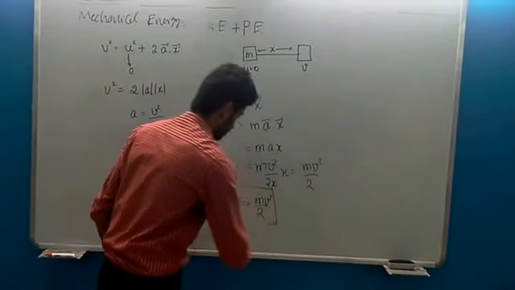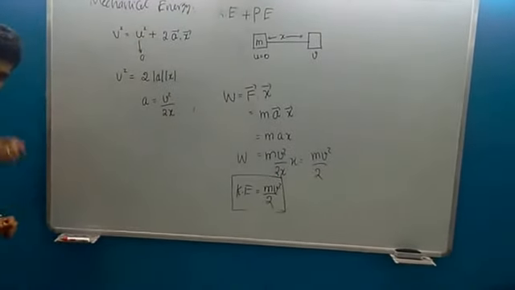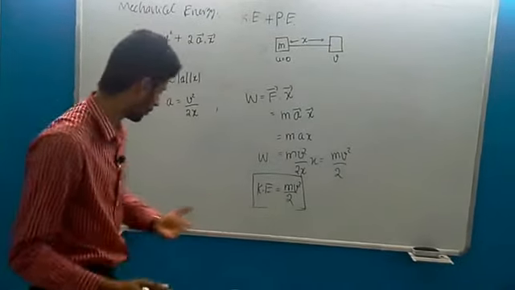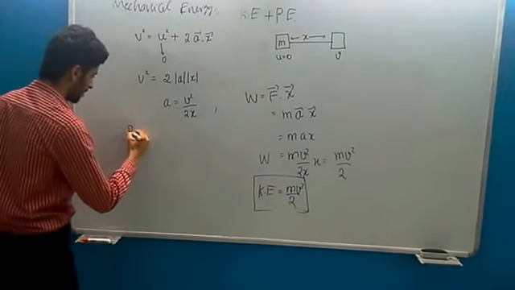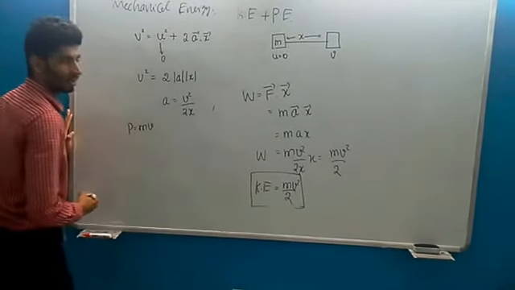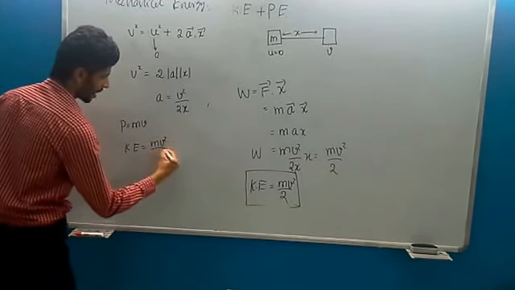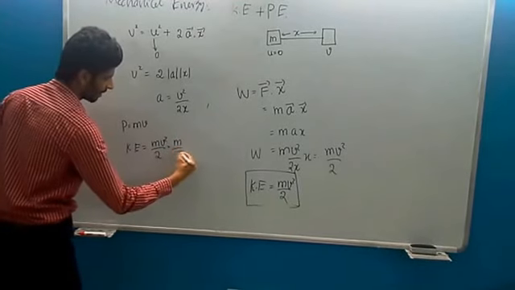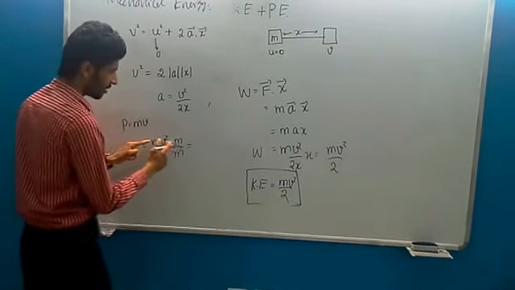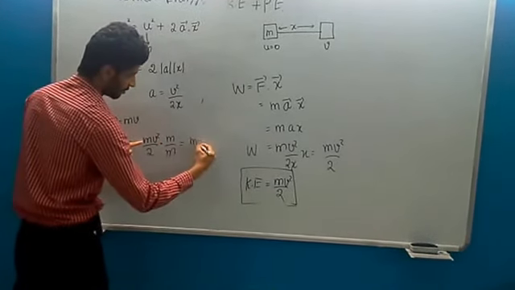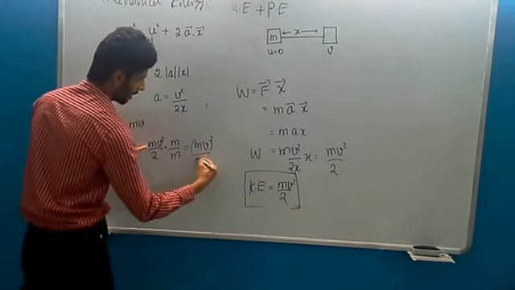Now, can I write kinetic energy in terms of momentum? Why not? I have P is equal to mv, and kinetic energy is equal to m v square by 2. I multiply and divide by m, which implies m square v square, that is m v whole square by 2m.